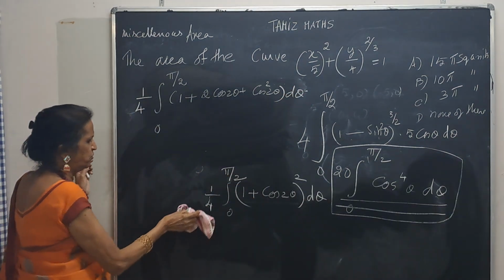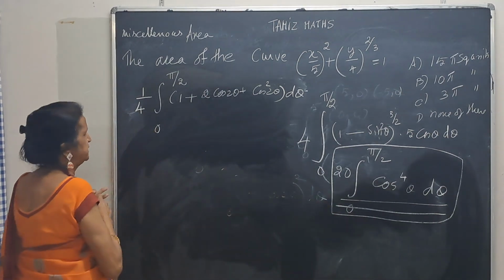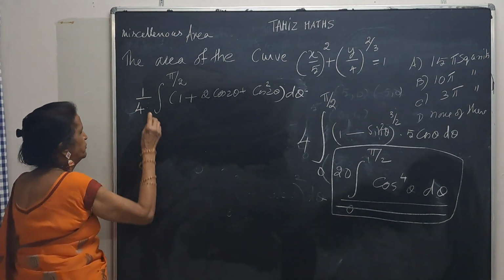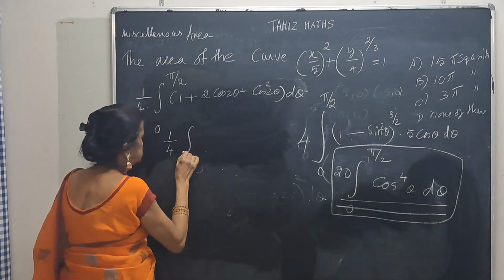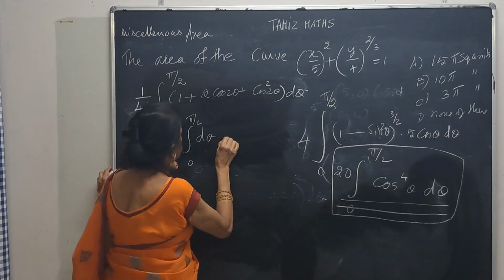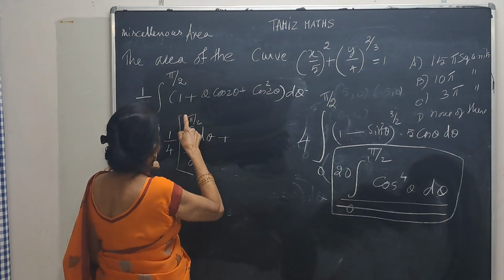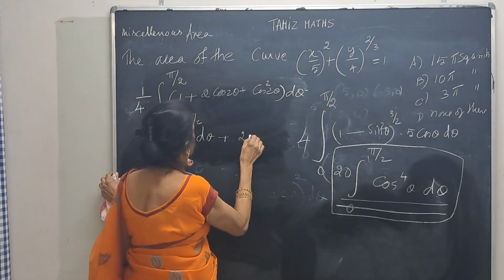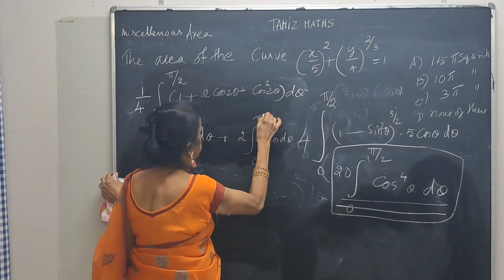So this will now be 1 by 4, integral 0 to pi by 2 d theta, plus, 1 by 4 being common, I have it outside, 2 integral cos 2 theta d theta from 0 to pi by 2.